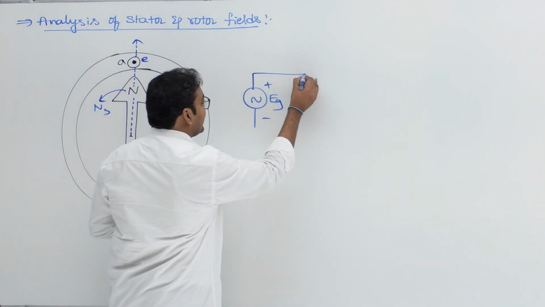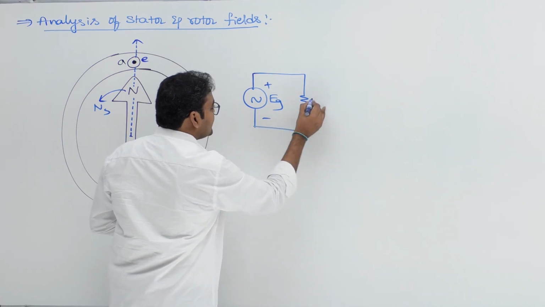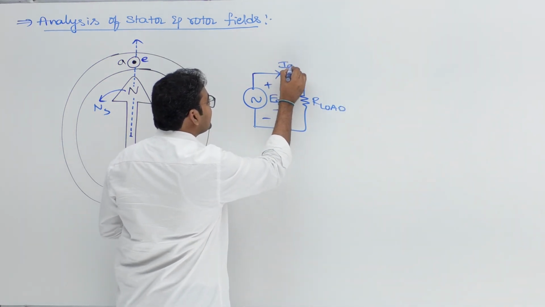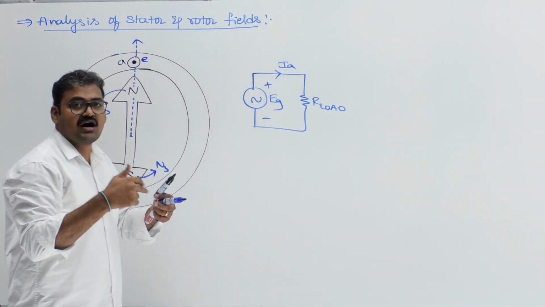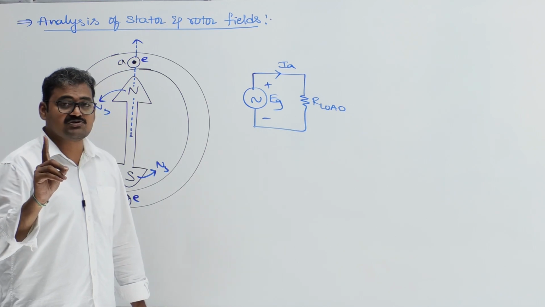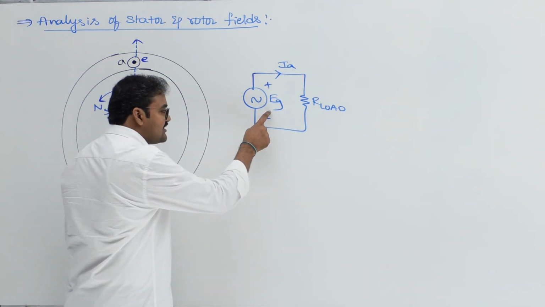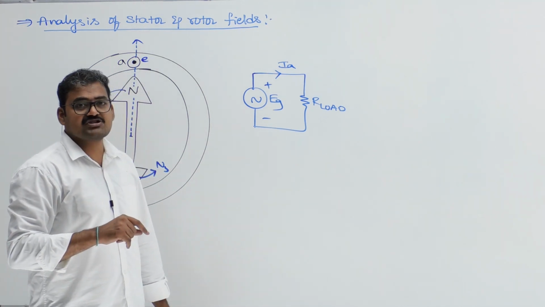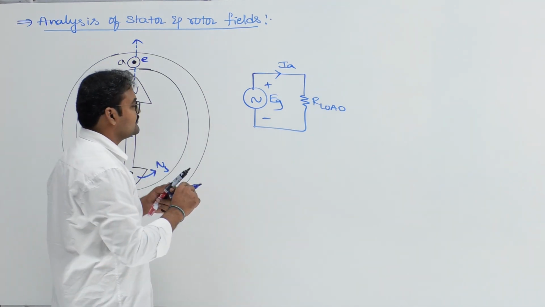Yes, a load has to be connected. The moment a load is connected, immediately a current will be generated. That current is called armature current. And I told you in DC machines also, in case of a generating circuit, voltage and current will always be in the same direction or opposite direction? Same direction.